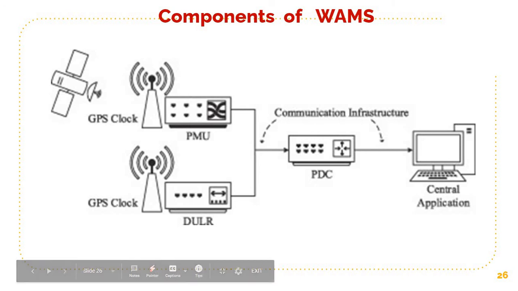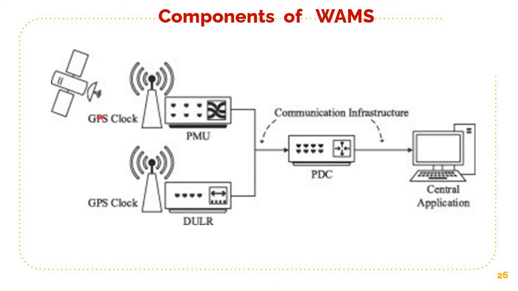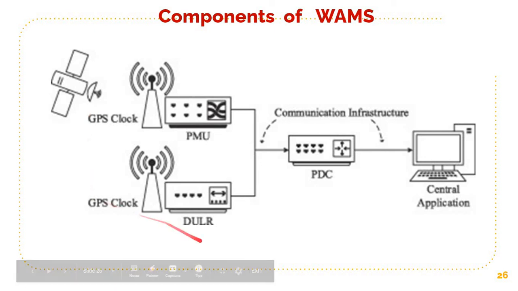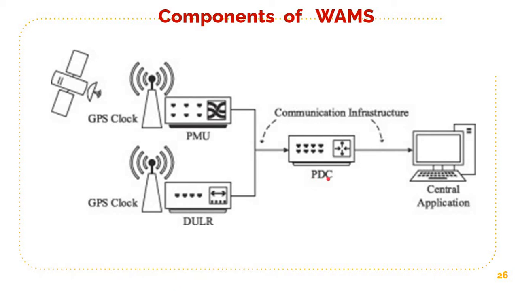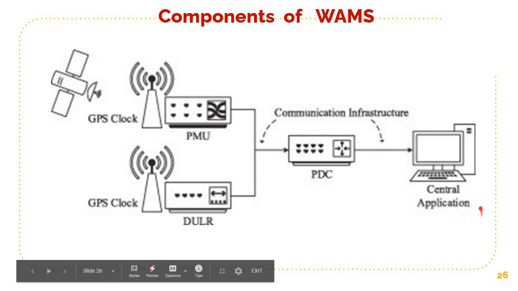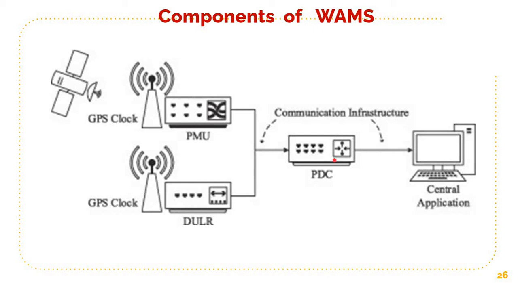The various components of WAMS, as we had already seen, one is the PMU, which is connected to a GPS clock to get the time and position stamping. And then there is a DULR, dual unit line relay, a PDC, which is a data concentrator, and the communication infrastructure to pass on these signals to the central application.